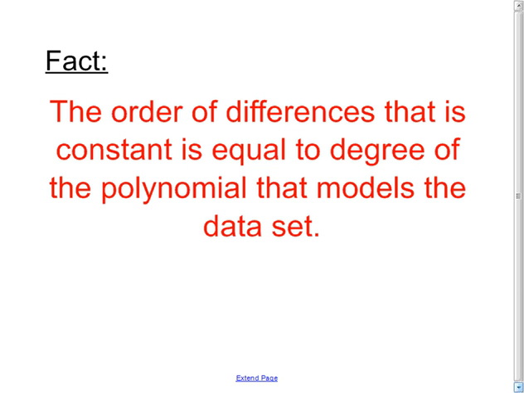So it means that if you are doing an analysis of the common differences, and you're doing the first order differences, and they're all constant, then the degree of the polynomial that fits that data set is 1.